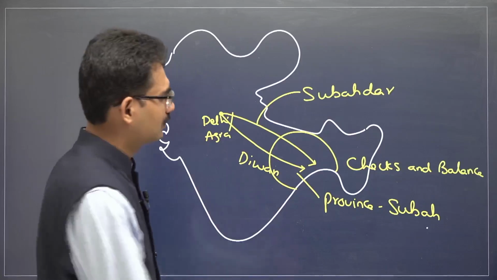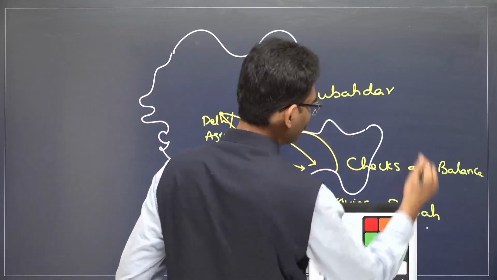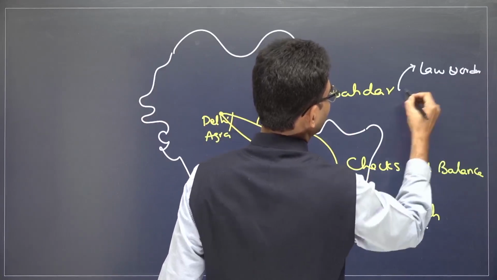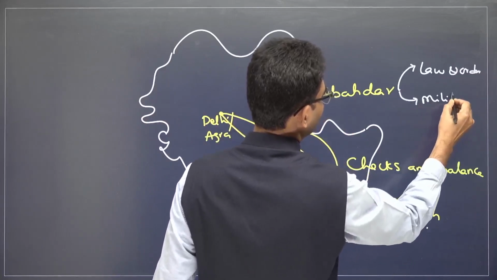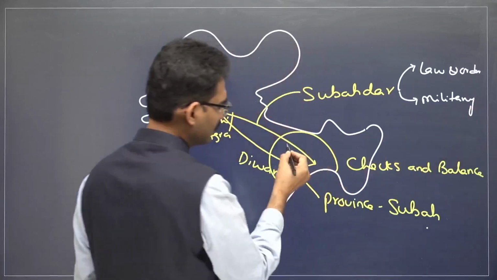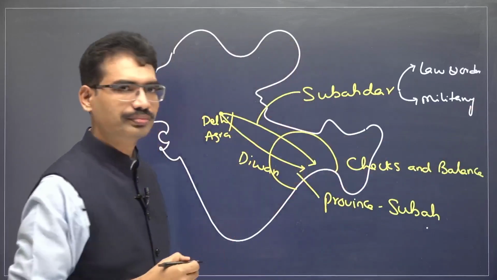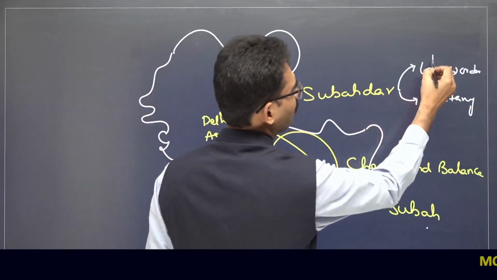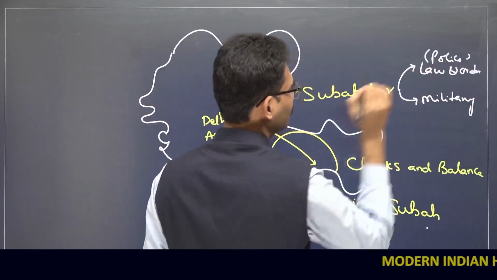Two officers. When it comes to the Subedar, they maintain law and order and military functions. Military means if they have to expand, they will expand. Law and order means police functions, internal law and order.